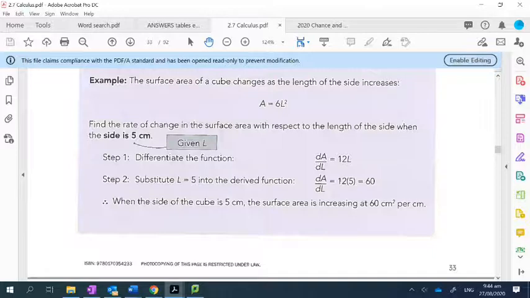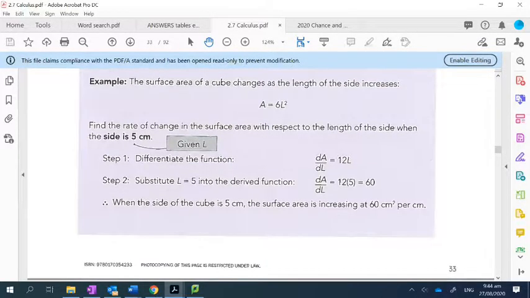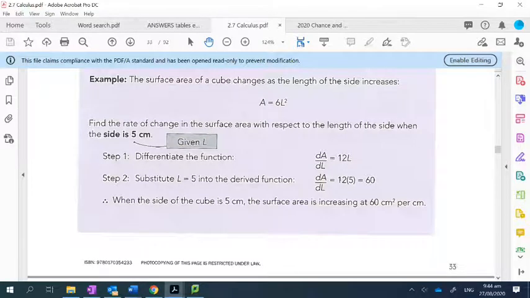We're given the function: area equals 6L to the second power. That's just the function. It's not a derivative. I knew that because it doesn't use the dx, dy, or dA, dL in this case, but it doesn't make any difference.